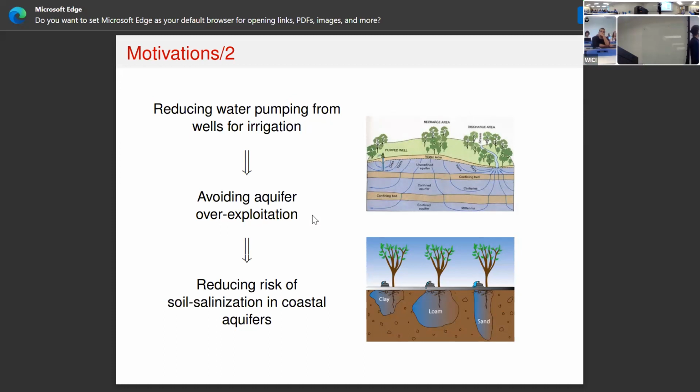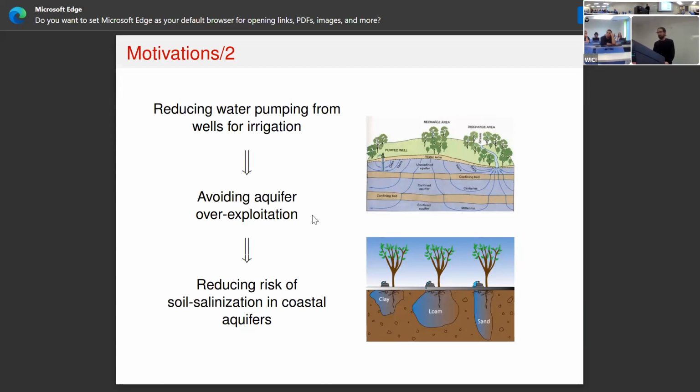So the idea is to reduce the water resource for irrigation, and this also avoids aquifer overexploitation, as well as reduces the risk of soil salinization in coastal areas.